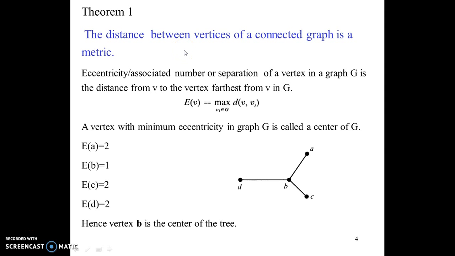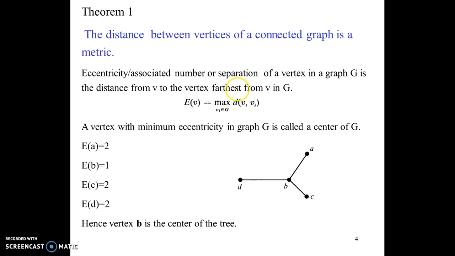In this theorem, we are asked to prove that the distance between vertices of a connected graph is a metric, which means we have to prove that the distance in the connected graph is a type of measurement. The measurement which we are going to deal with here is eccentricity. The other name for eccentricity is associated number or separation of a vertex.